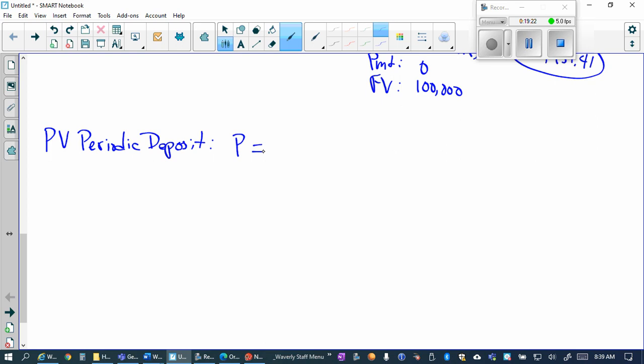The P now is the amount of your current periodic deposit, the amount you deposit each month or whatever. That P now stands for the periodic deposit. It's the balance you want, times R over N, over a giant mess down here: 1 plus R over N, to the NT, minus 1.